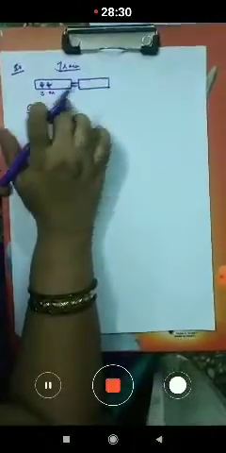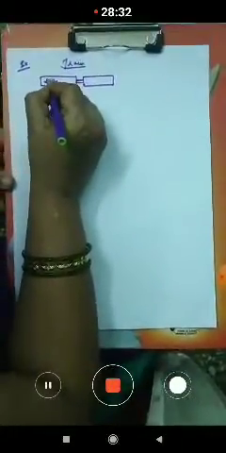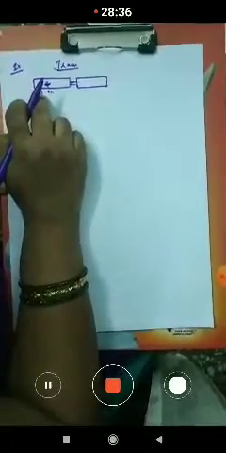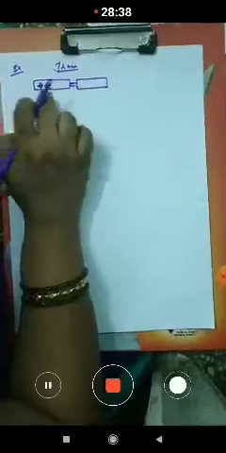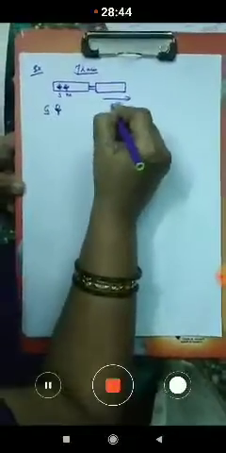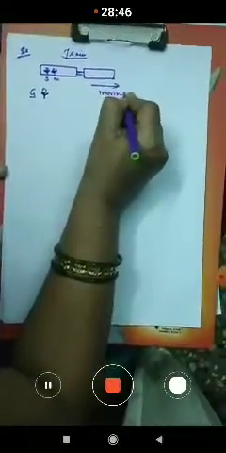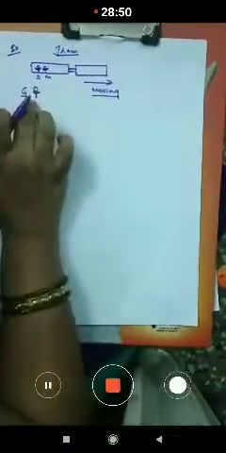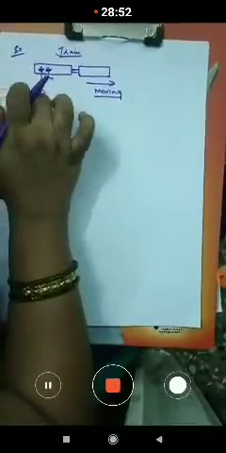Just to understand the concept, two persons are sitting in the train. The names are Sonu and Monu, and one is standing outside. Now the train started moving. He is standing on the platform.